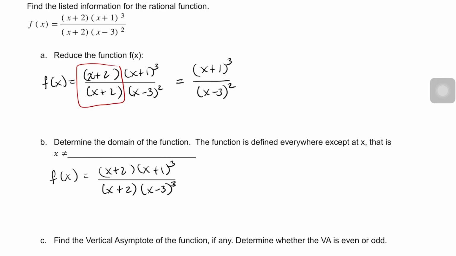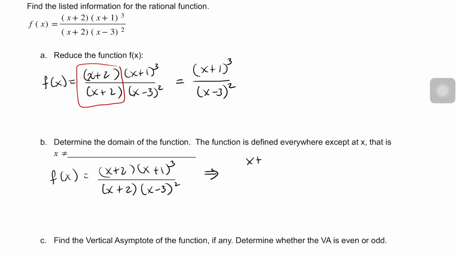The original function cannot have this equal 0, and cannot have this equal 0, because if it does, it will make the whole function undefined. So in other words, to find the domain of this function, we're gonna find the values of x where we cannot have the denominator be 0.